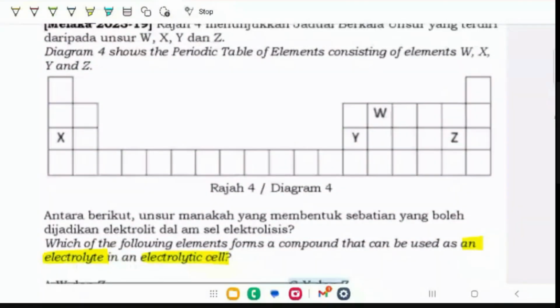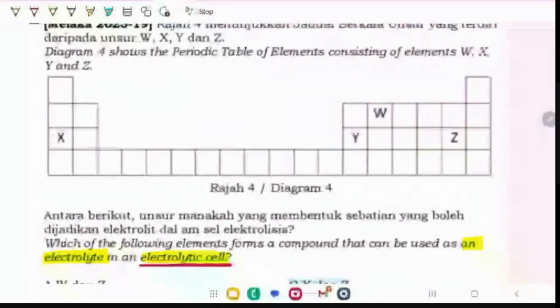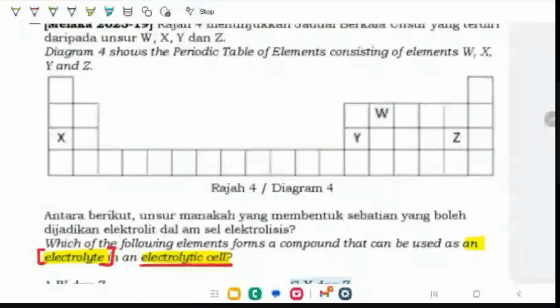It's like the battery related to the electrical conductivity. So you just remember here for now, because we haven't entered the electrolytic cell yet. But we can roughly learn about the electrolyte. Electrolyte means it can conduct electricity, okay, in the molten or aqueous state.